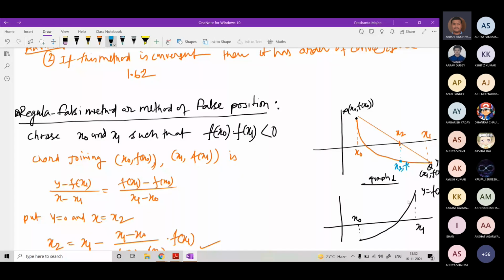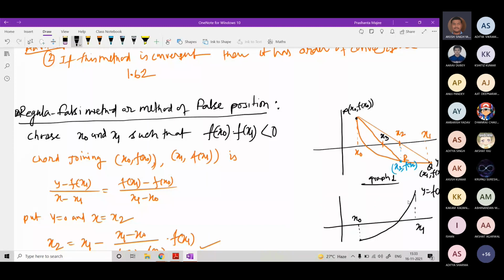Let us draw a chord joining these 2 points. Let us call it R. Joining P and R, you have obtained a chord, and that chord is going to cut the x-axis at some point. We'll call it the next approximate root, x3.